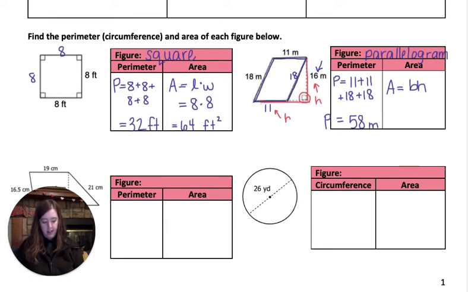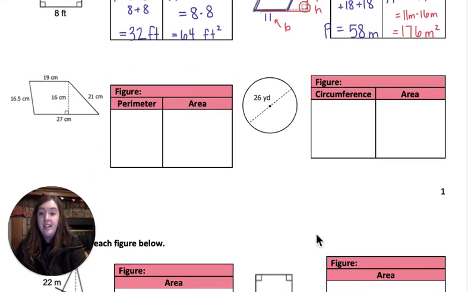So 11 is my base. They make a right angle together. So I'll take 11 meters times my height, 16 meters. So we'll take 11 times 16 and get 176. Meters times meters is meters squared. So that's why our units are meters squared for area.